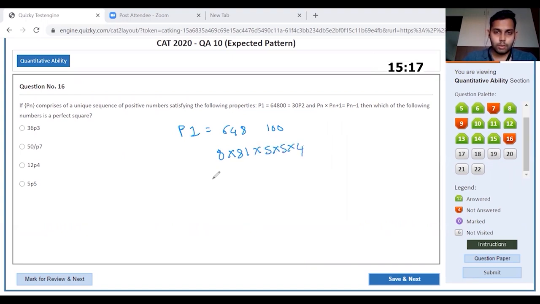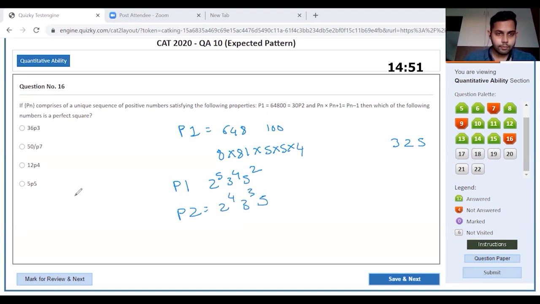Okay. So 2 to the power 5, 3 to the power 4, 5 square is P1. P2 will be P1 by 30. And what is 30? 2, 3 and 5. So if you just divide it, P2 will be 2 to the 4, 3 cube and 5.